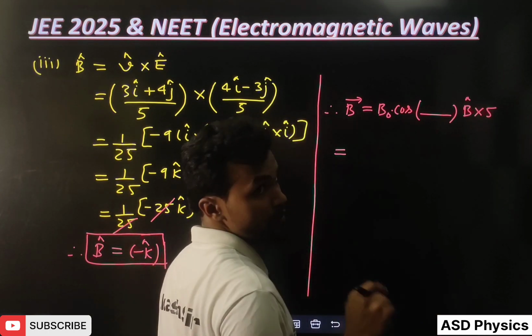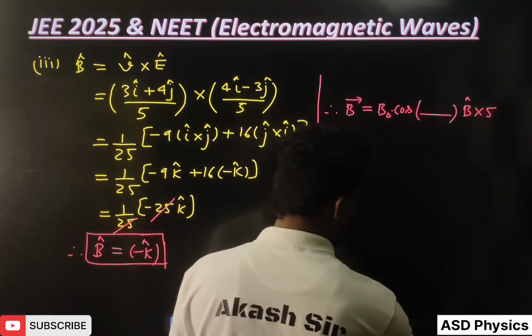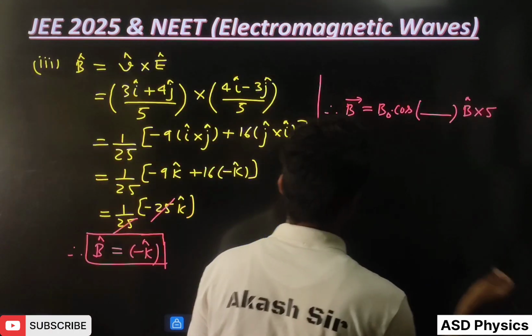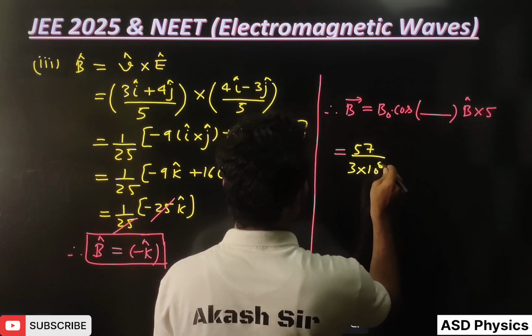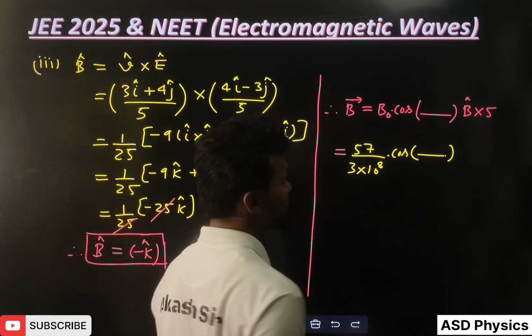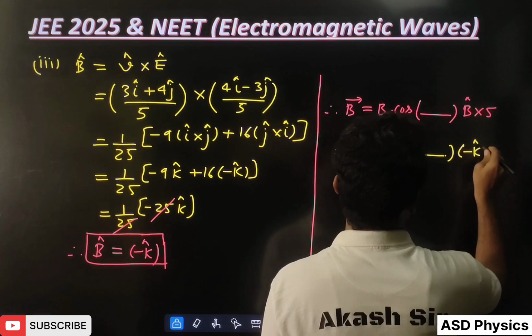So what is the value of B naught, students? You know very well the B naught value, what you have seen on this side: 57 by 3 into 10 to the power 8, right please, into cos, which will be as it is, no change. What is the value of the B cap? It is coming here as minus k cap into 5.